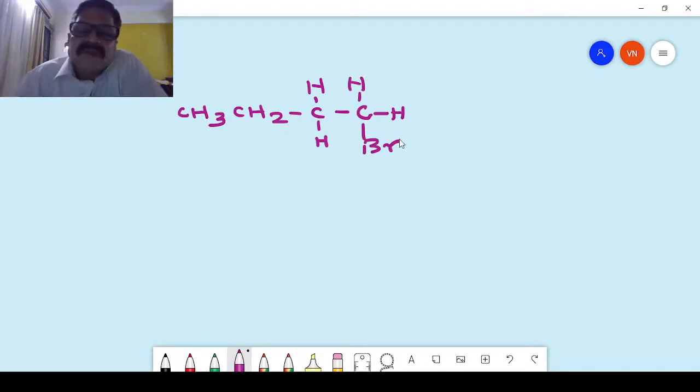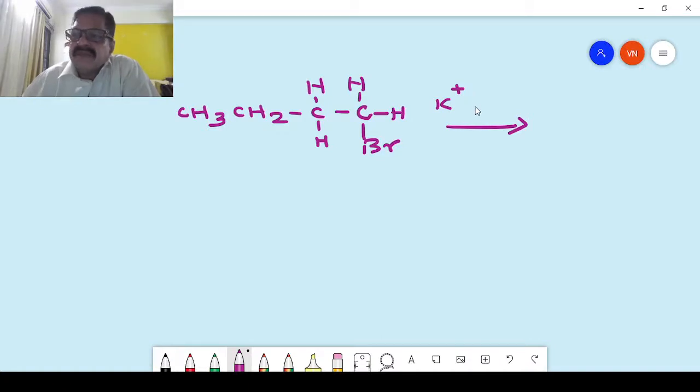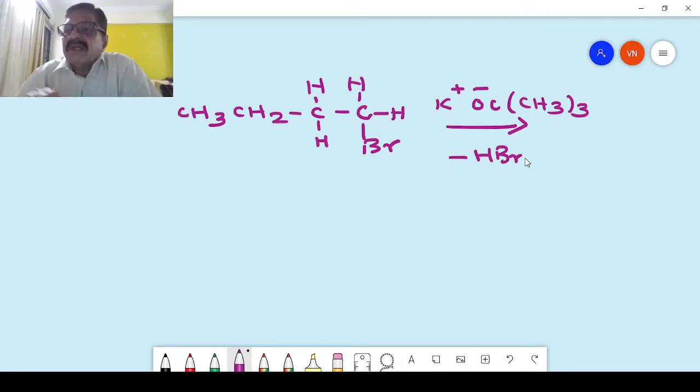This is reacting with a strong base, just like potassium tertiary butoxide. Potassium, then we have tertiary butoxide. This is a strong base here. So minus HBr, it is lost here. That is the most common example. We can say the base-induced elimination of hydrogen halide from an alkyl halide. So this will give you an alkene here.